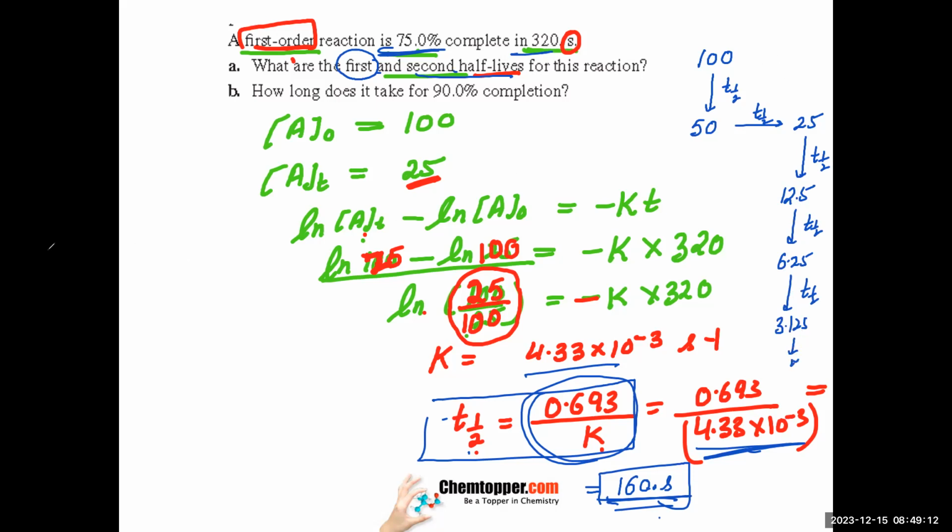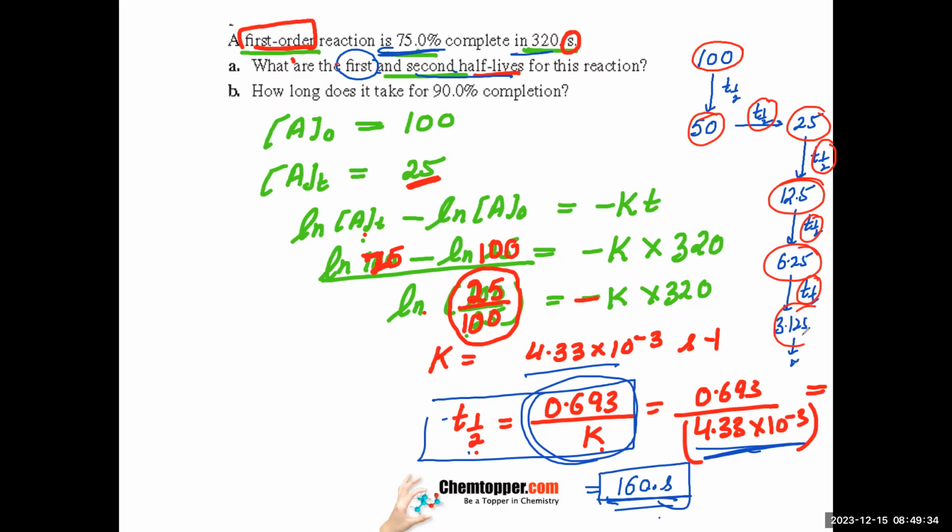But if you see in the first order kinetics, this is initial for the first half-life. For the second half-life, this is initial. For the third, the fourth, the fifth, the sixth half-life, each of these is initial. So initial is changing continuously.